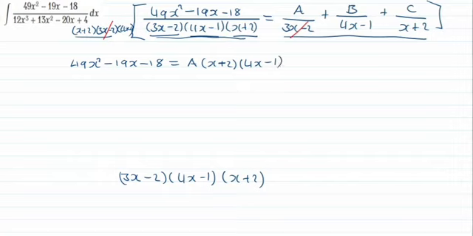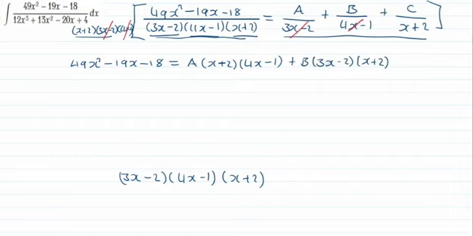That's for the part for A. Then for the part for B, we're going to have B open. You will see that our 4x minus 1 is going to cancel out with this 4x minus 1. Then the rest will multiply by B. So we're going to have 3x minus 2 multiplied by x plus 2.